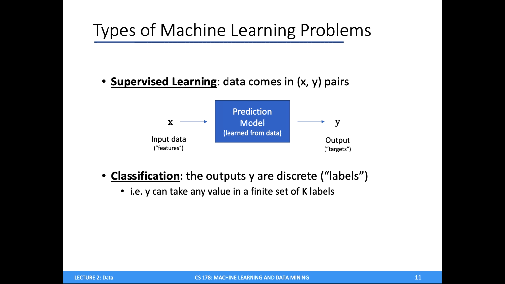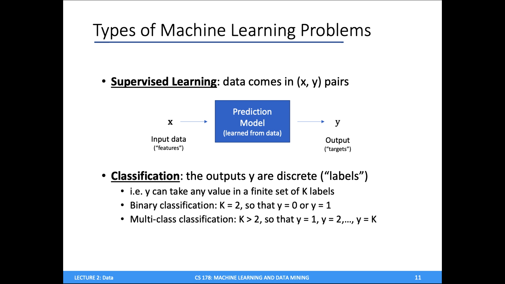In other words, our y variable now is not taking arbitrary numbers, it's taking values in some finite set of k possible labels. In the case of k equals 2, i.e. there are 2 possible labels we're trying to predict, this is what's called a binary classification problem. In this case, we often let the y variable be represented as either a 0 or a 1. We'll see some examples of this in a minute.